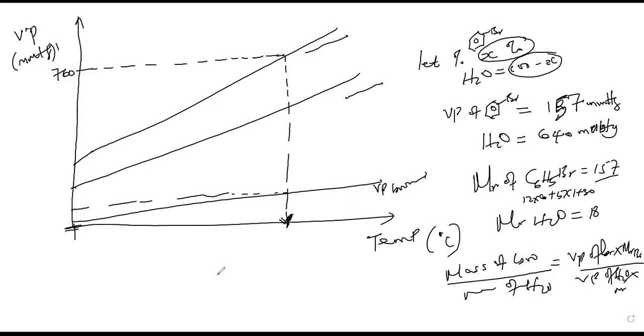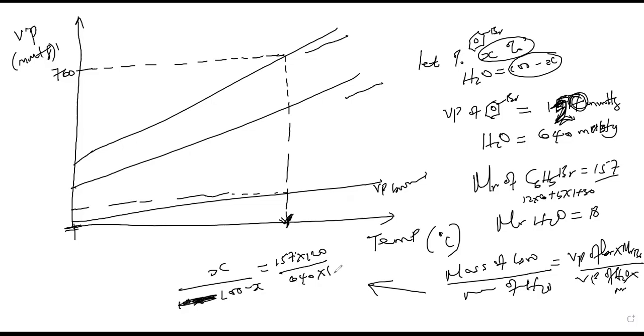You'll have X over 100 minus X equals, for bromobenzene, 157 as the molecular mass. Then the vapor pressure of bromobenzene is supposed to be 120. From the graph, see if you get 120. So times 120 over 640 times 18. Then you solve for the value of X.